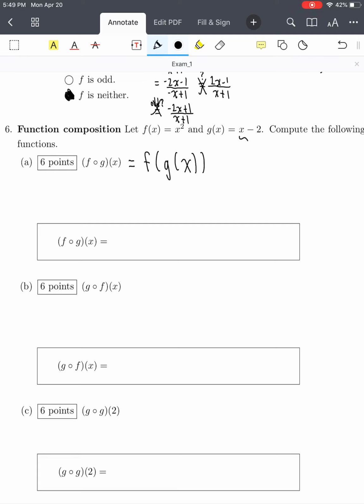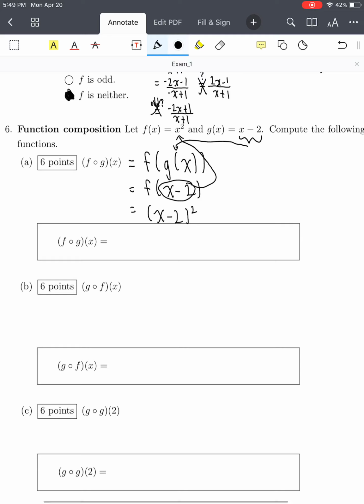So g of x is right here. So that's f of x minus 2. And then we're taking this x minus 2 and plugging it into that x, which gives us x minus 2 squared.